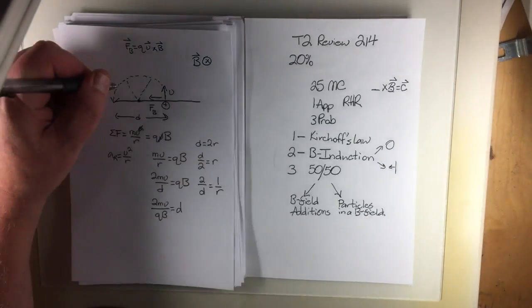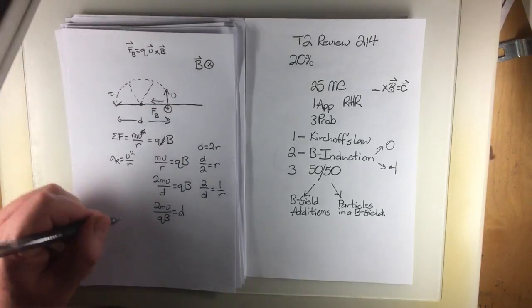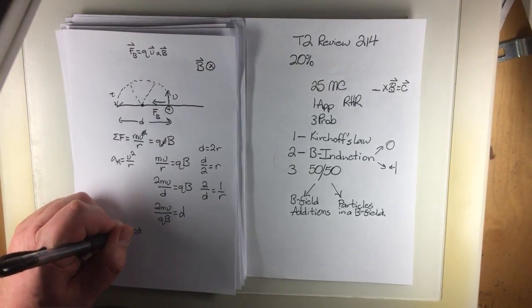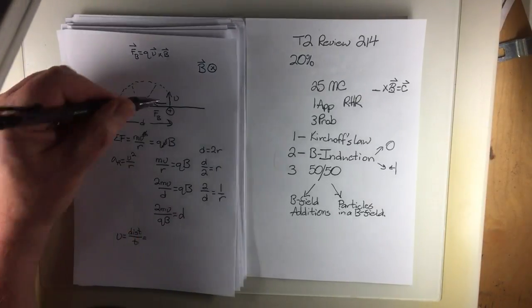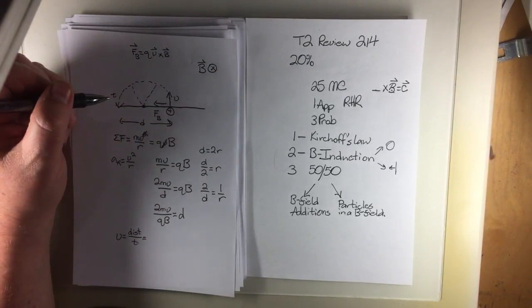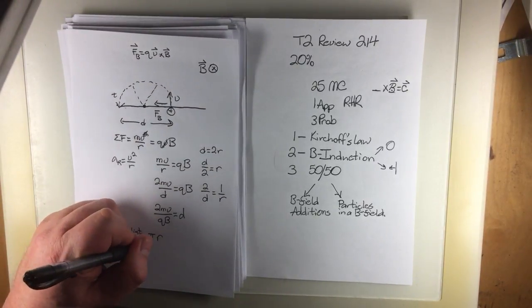If I said, what's the time it took to travel from there to there? Well, velocity is the distance divided by time. In this particular case, the distance is a semicircle, or pi r, because it's half of a circumference.